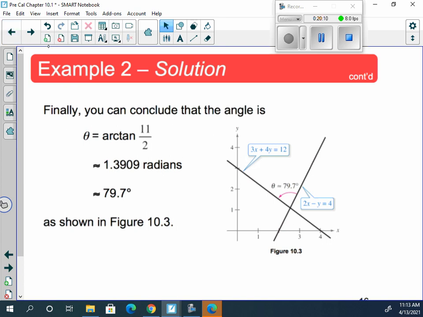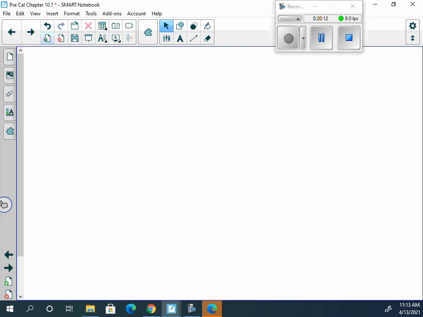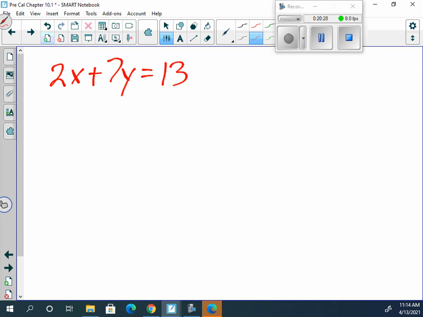Zach, give me an equation, number in front of x, number in front of y equals a number. 2x plus 7y equals 13. Tori, same thing. Okay. I thought this would be a little bit more interesting than just pulling something straight from the book.